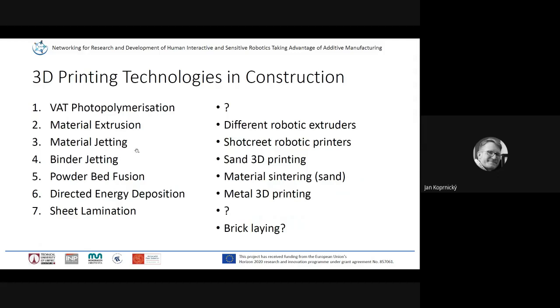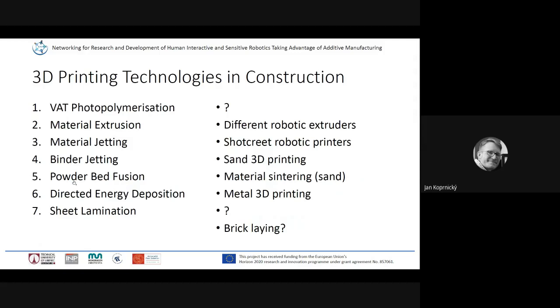Another one, material jetting, is not so much used for 3D printing in construction. I found only one project. They use so-called shotcrete, which means spraying concrete, and it's also on a robotic arm or on a robotic printer. Then binder jetting, let's say, you can find sand 3D printing or gypsum 3D printing.